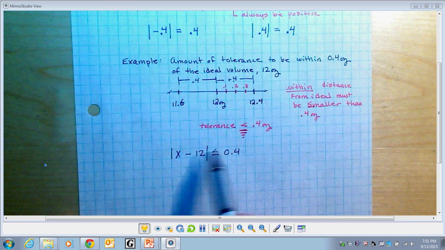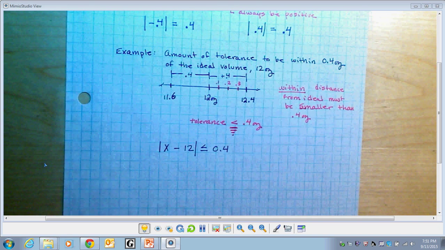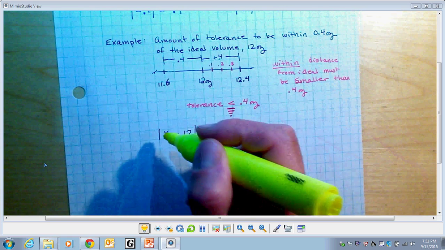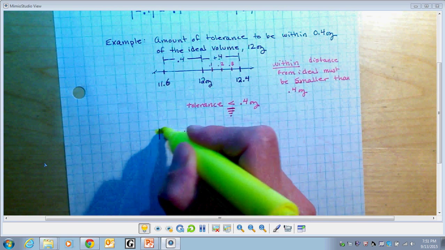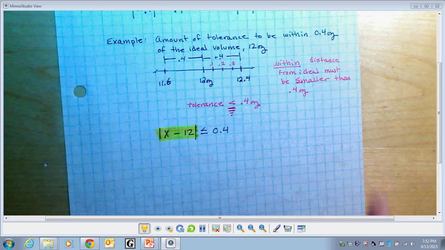So how would we figure this out if I'm just given the equation? Well, since I have my absolute value by itself, it's very important that this absolute value doesn't have anything happening on the outside of it. So that's all by itself. That means then I can put it into two cases.